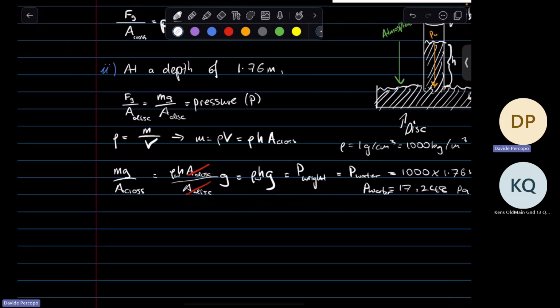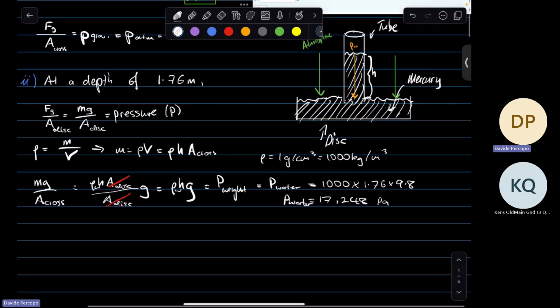It doesn't matter really. If you use 9.8, it won't make too much of a difference here, I think. Hang on, mate. 9.8 gives 17,248. Yeah, that's what I got.